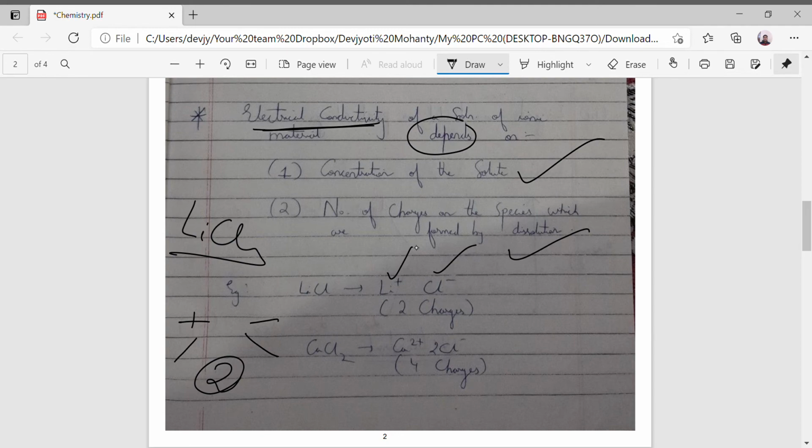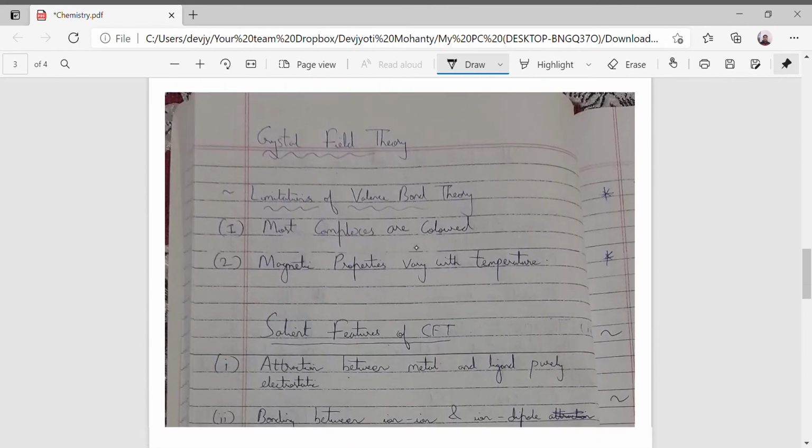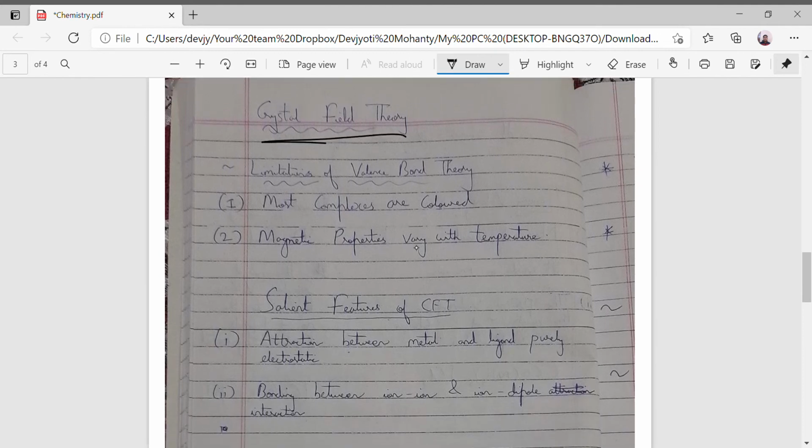Same here, CaCl2: Ca2+ and 2Cl-. Here two charges, here two charges. We add them, it gives a total of four charges. Clear?